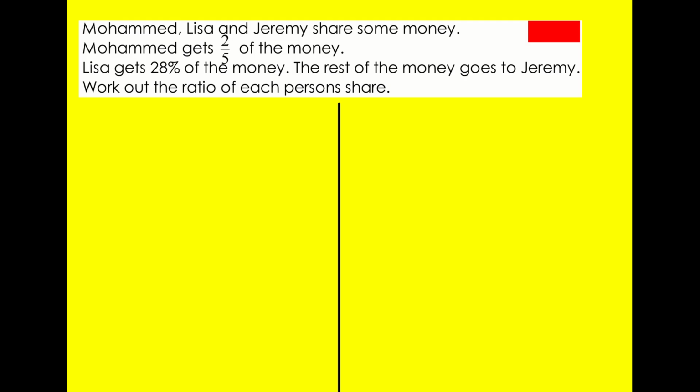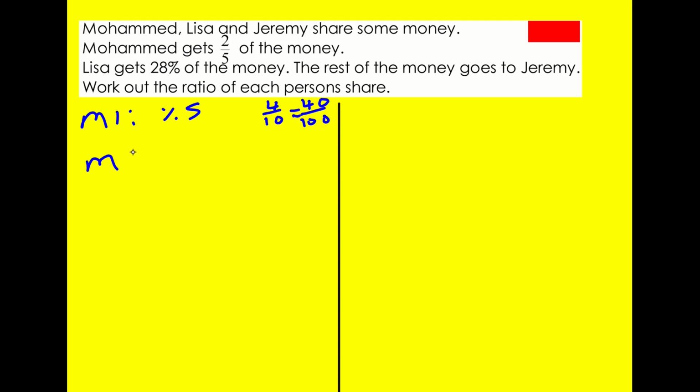Now, I'm going to do this question two different ways. In method one, I'm going to change everything to percentages. So we're going to get Mohammed, 2/5. You could write that as 4 over 10, which is 40 over 100, which is 40%.